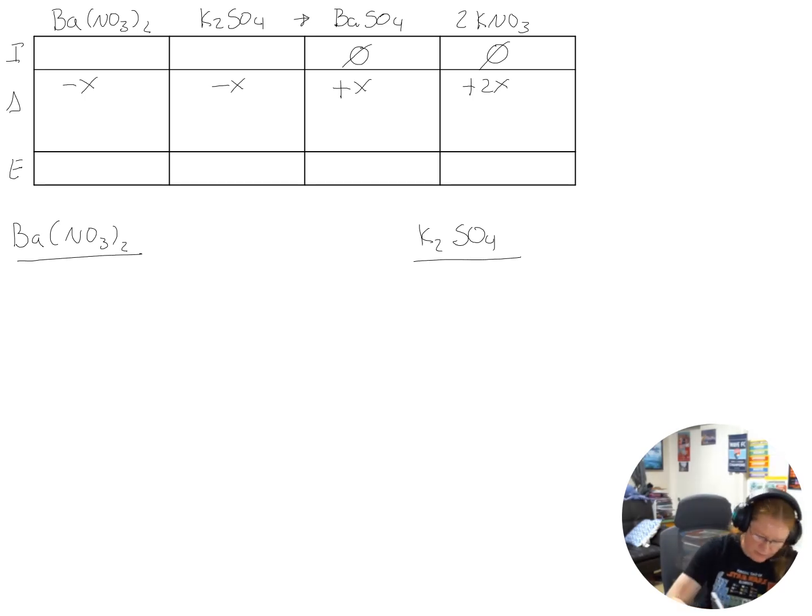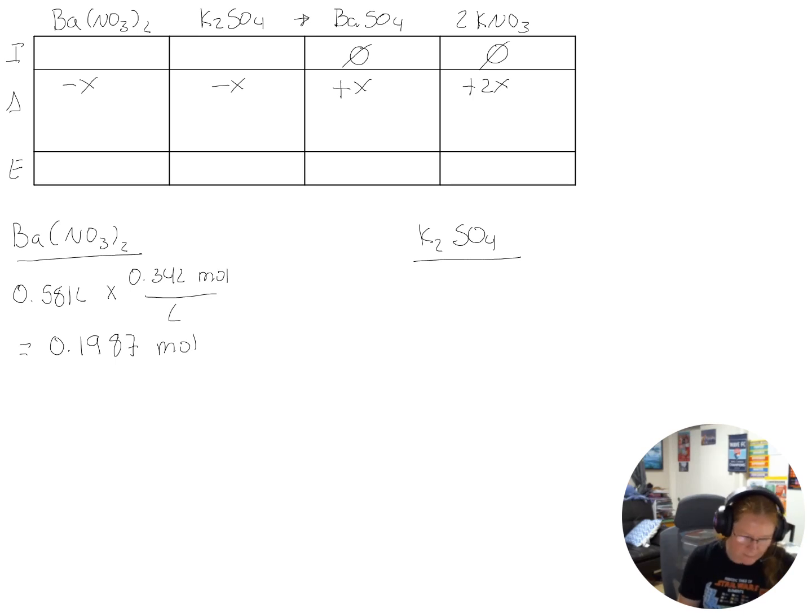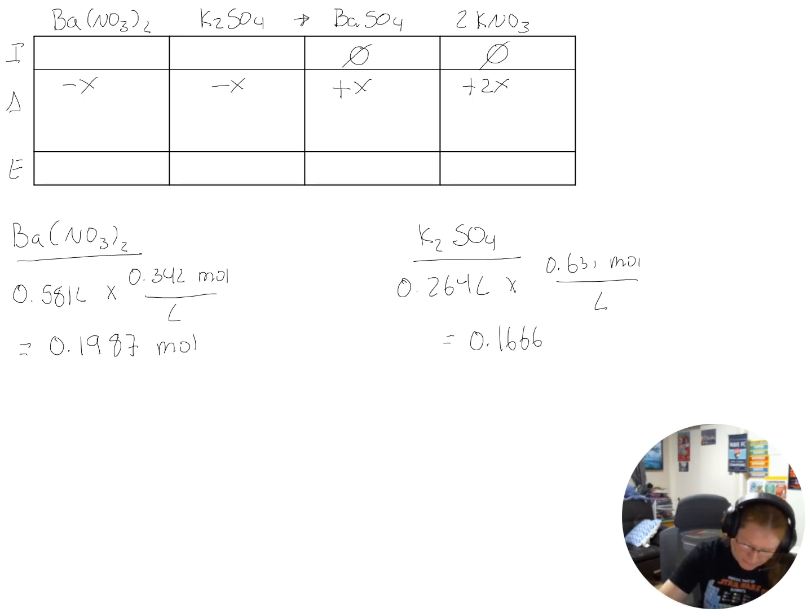Okay, so we're going to take 0.581 liters, 0.342 moles per liter, and we're going to get 0.1987 moles of barium nitrate, and then our potassium sulfate, we have 0.264 liters, 0.631 moles per liter, giving us 0.1666 moles.